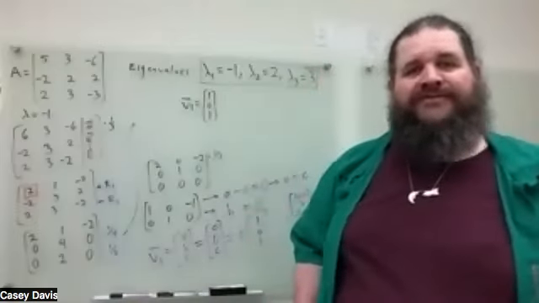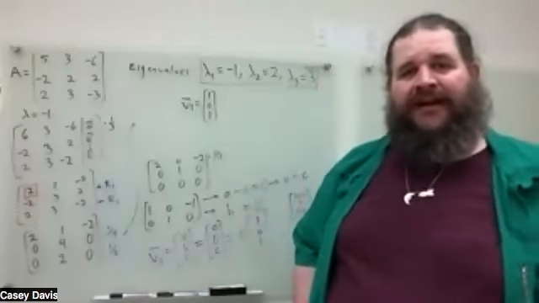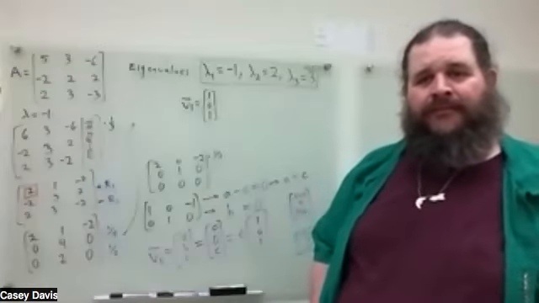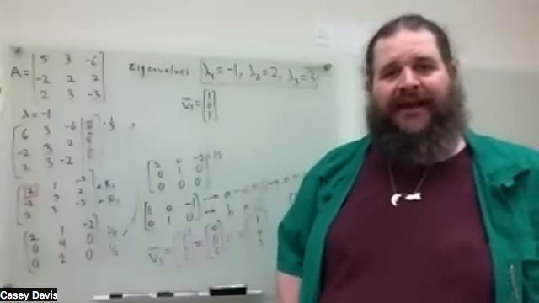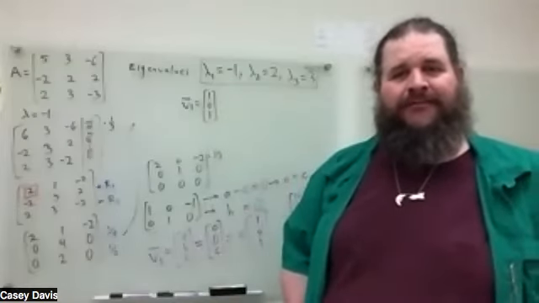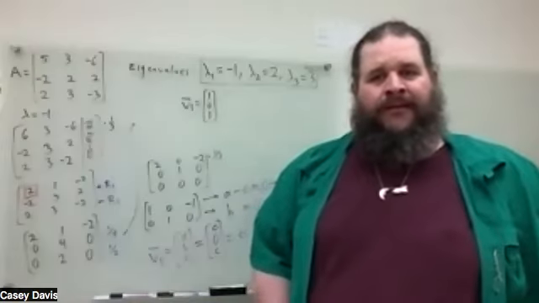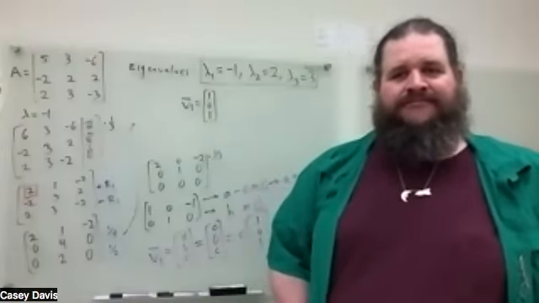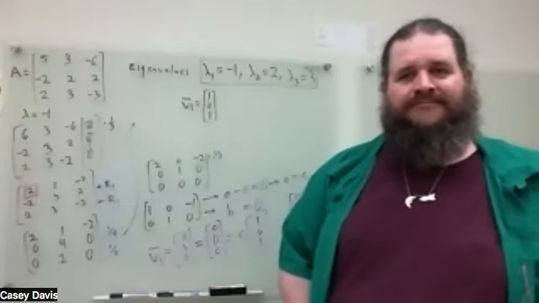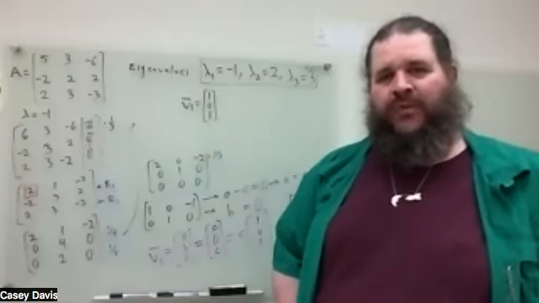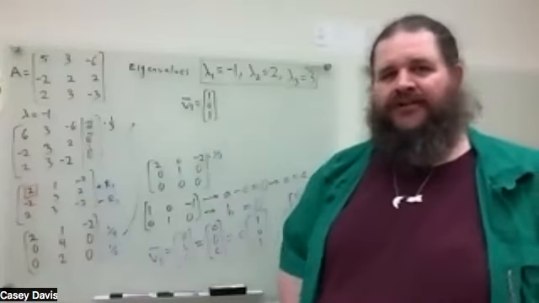And by the way, how could we check that to verify that this really is an eigenvector? Now that we've got an eigenvalue and eigenvector, how do we verify that that really is the eigenvector associated with that eigenvalue? What's the definition of eigenvectors and eigenvalues in the first place?